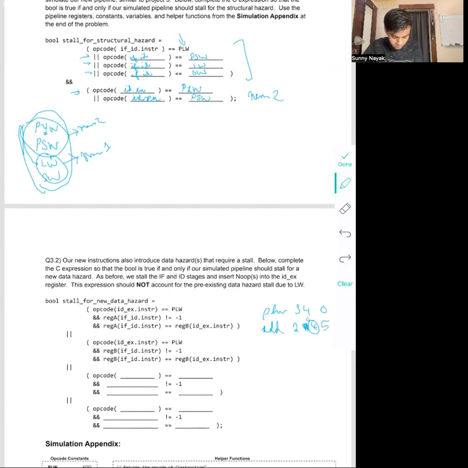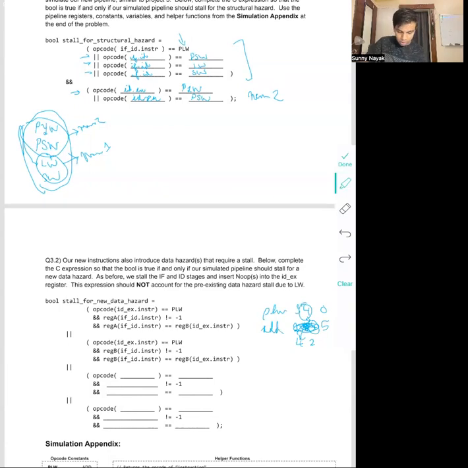And so in this case, that's what this example is, right? This is what if I had my register B, which is the destination register for my PLW, matching one of the registers that is read by a following instruction.